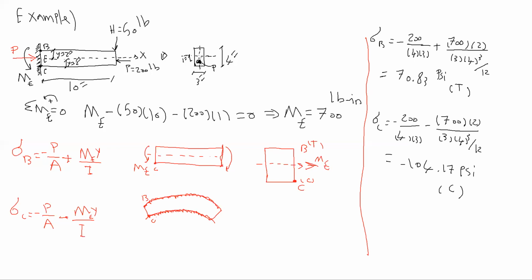Then we should add M times, for example, x divided by the other I. Then we would have I_y and I_x, so we should care about the index also. Which one is I_x, which one is I_y, which one is M_x, M_y? In this particular case, we're just using I_x.